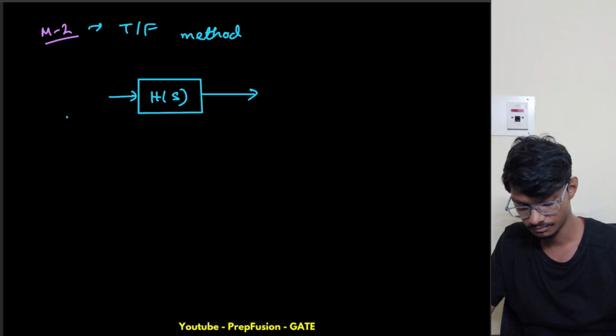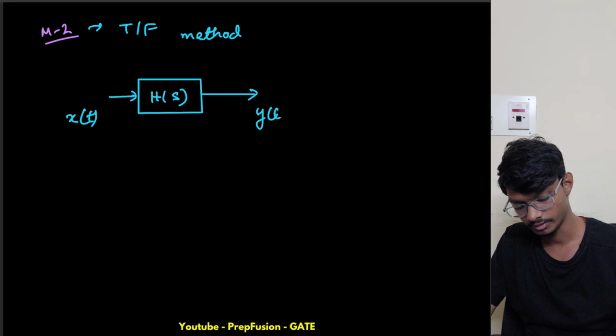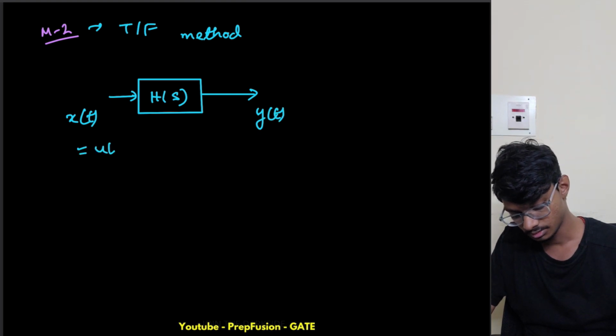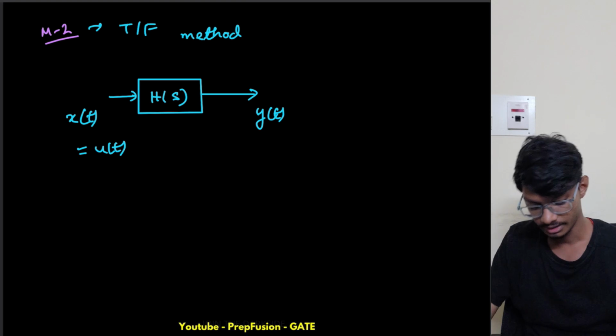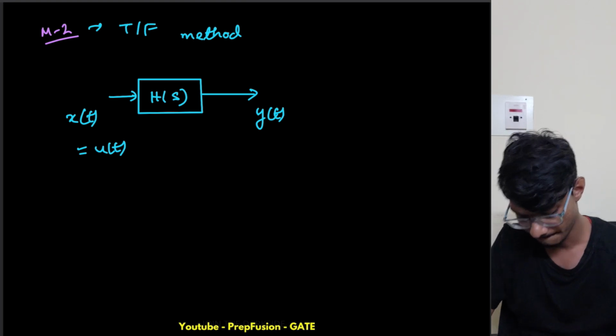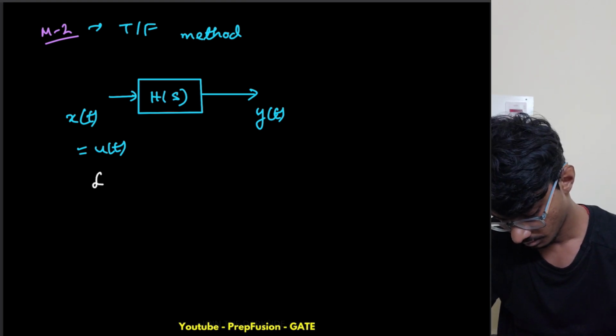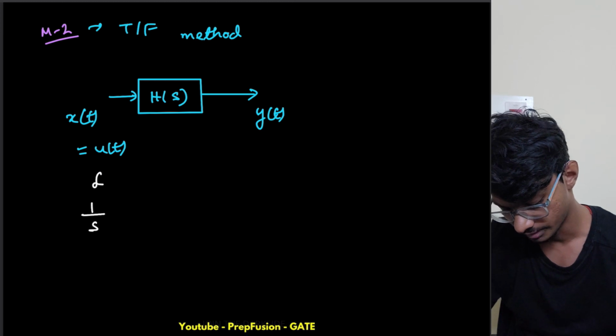H of s: we are giving some x of t and taking some output y of t. So x of t is u of t only, and if I take the Laplace transform of this, I get 1 over s.